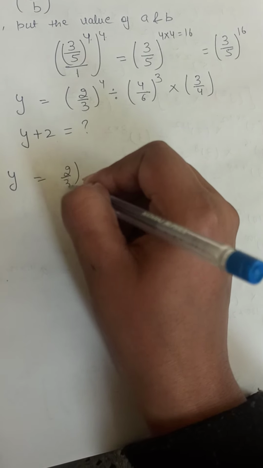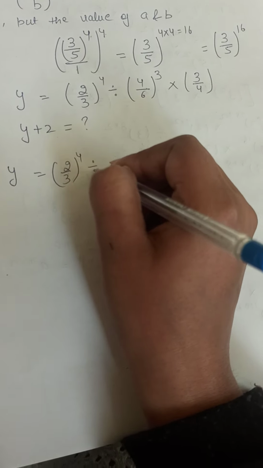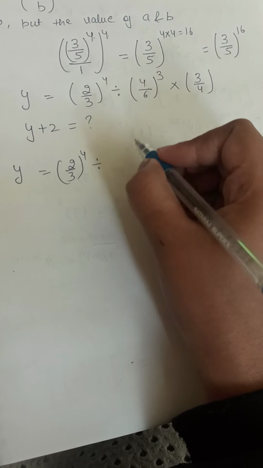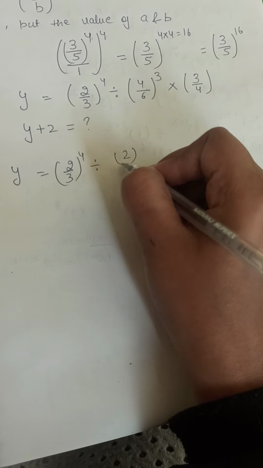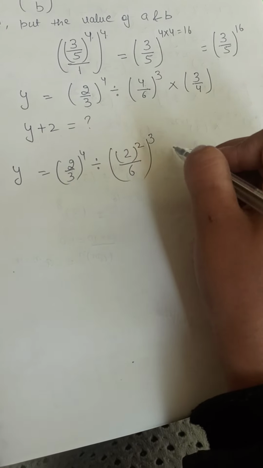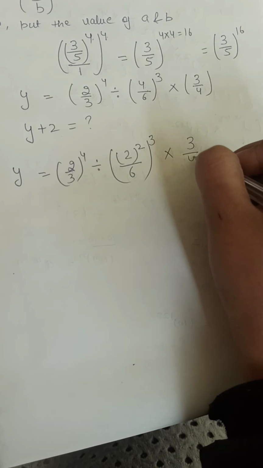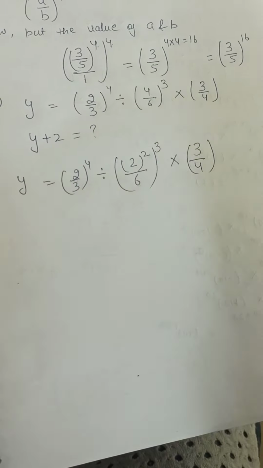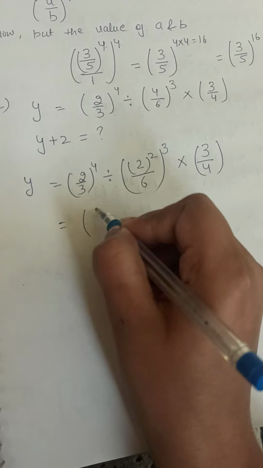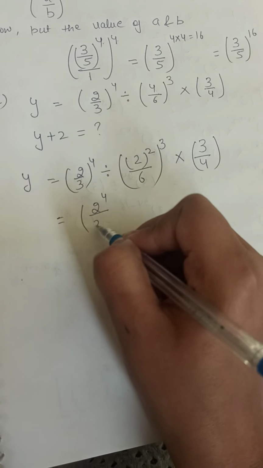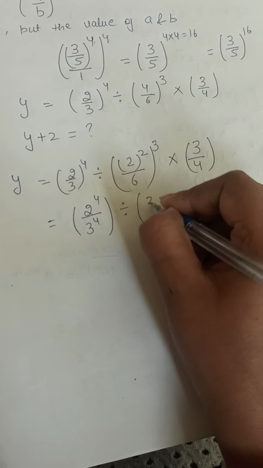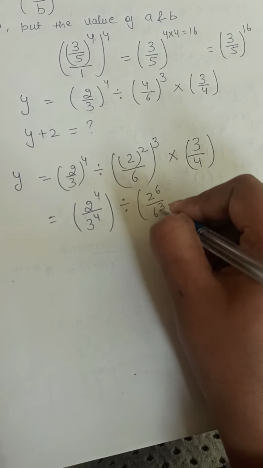This is (2/3) to the power 4 divided by, this can be written as (2/6) as it is, to the power 3, multiplied by 3/4. Now you will divide with this. See, we will separate it. 2 to the power 4, 3 to the power 4, divided by 2 to the power 3 and 6 to the power 3.